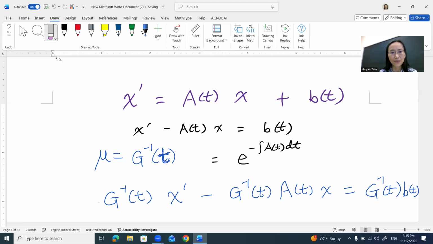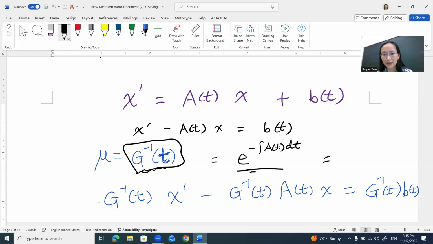But now, this is very similar to that. We use the inverse of a fundamental matrix instead of that. But later you will realize we write the fundamental matrix in this form, e to the tA, for the constant coefficient case.